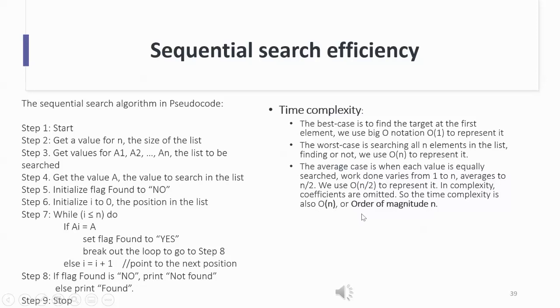Generally, to represent the complexity of the algorithm, we use the complexity of the worst case. Big O n means order of magnitude n. Now space complexity. There is no extra space used for searching, so space complexity is big O 0.